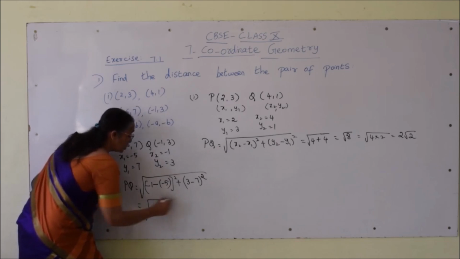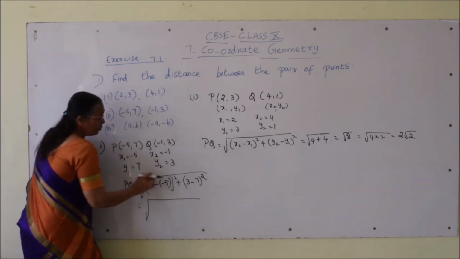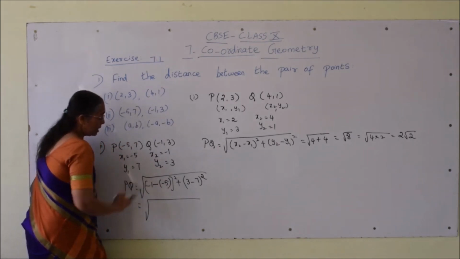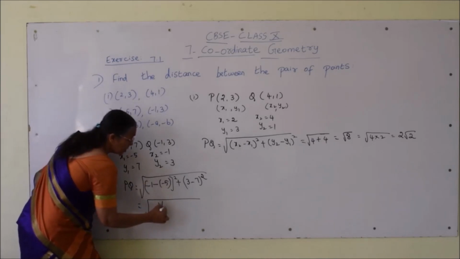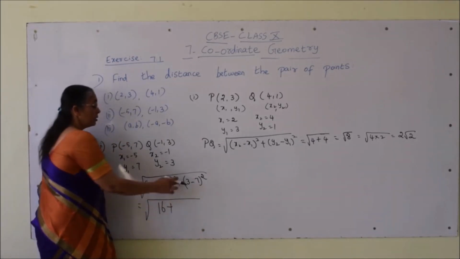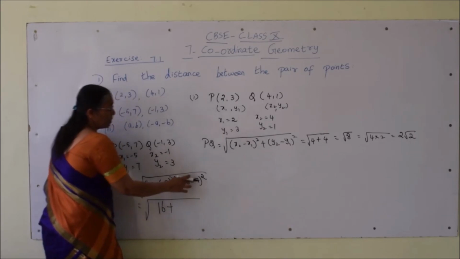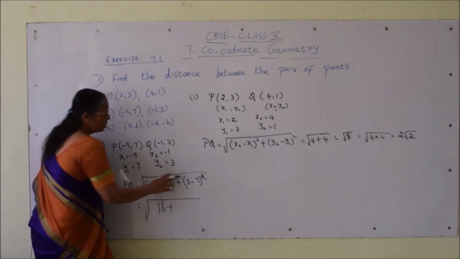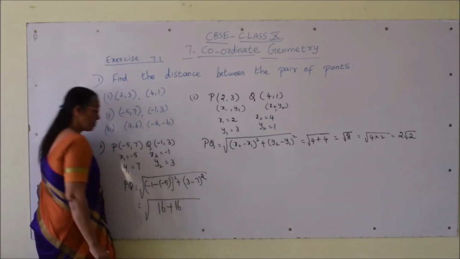This is equal to root over negative of negative 5 is 5, 5 minus 1 is 4, 4 square is 16, plus 3 minus 7, which is negative 4, whole square is again 16.